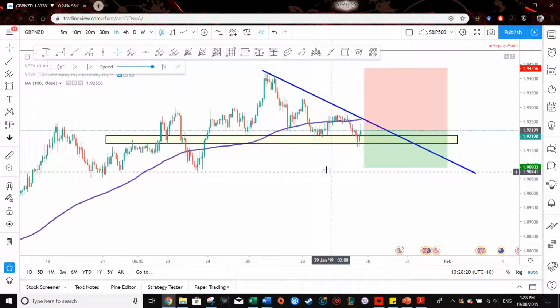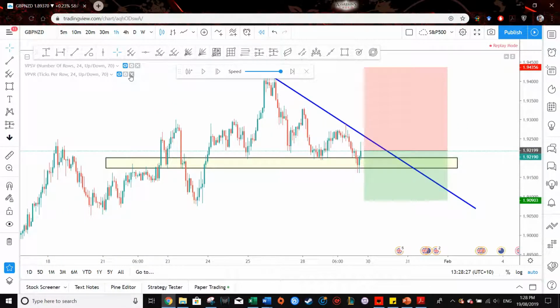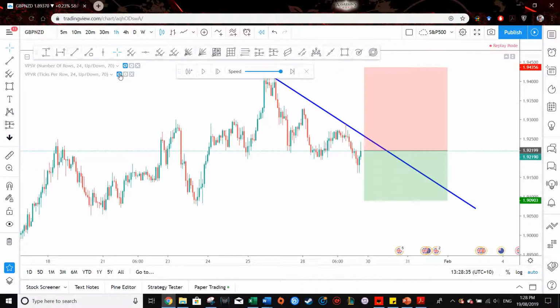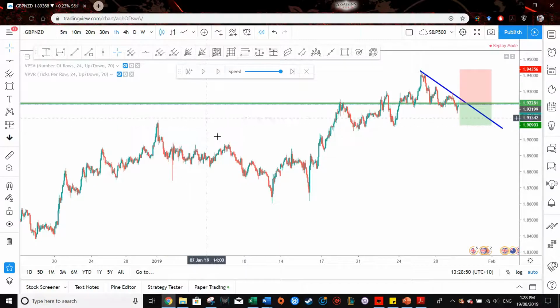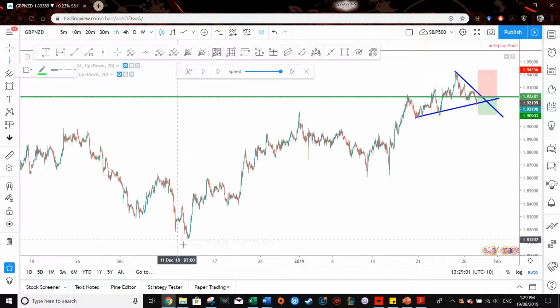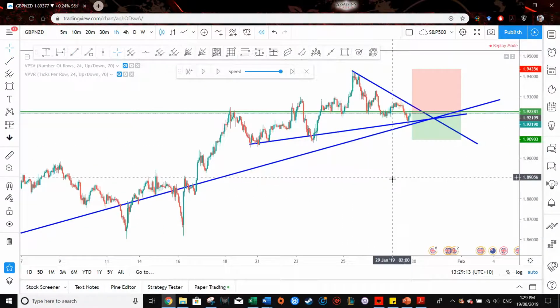Okay, that's Mohammed's. I'm going to try and say that it's a buy. I want to get rid of this moving average because I don't think it still means anything.